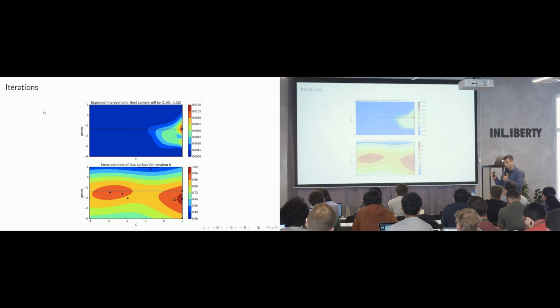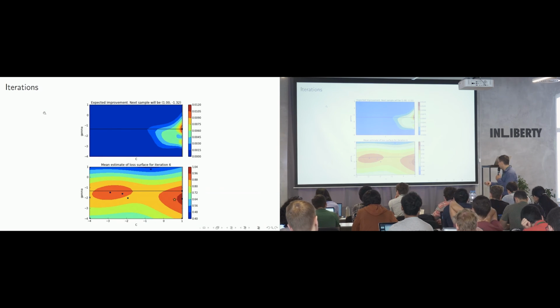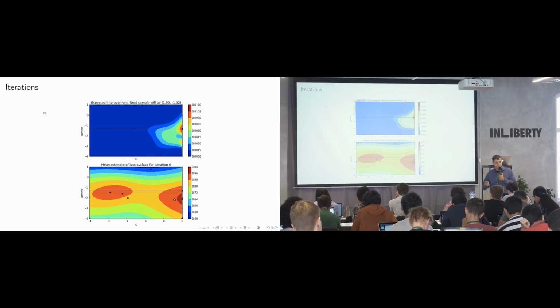So overall, I did 9 iterations, because initially I drew 3 values of C and gamma randomly, and then I did 6 iterations additionally. So overall, I did cross-validation 9 times.